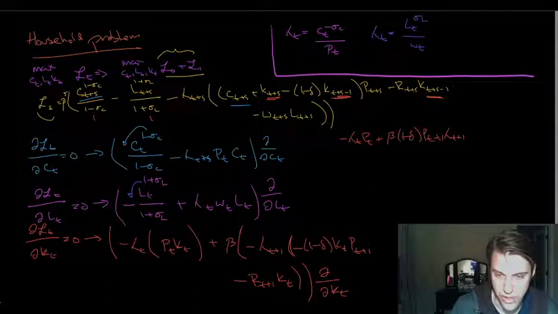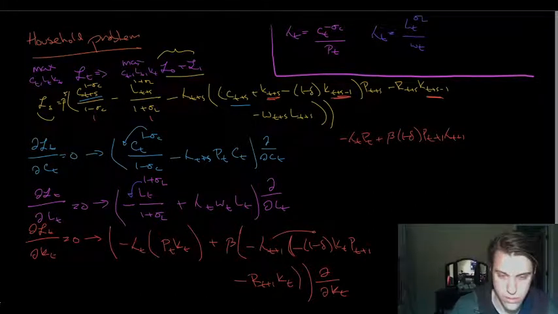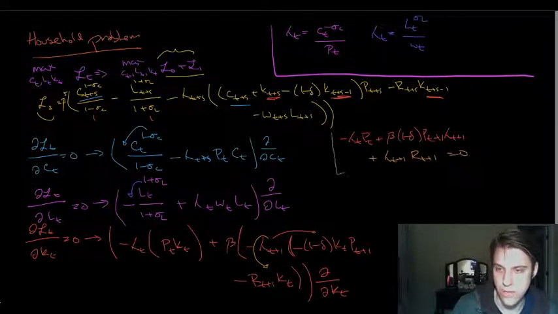So I multiply this into here. Then I also need to multiply this into here, right? Because the parentheses wrap around both terms. So this is also here. So we're also going to have plus lambda t plus 1, rt plus 1 equals 0. Okay, this is our first order condition for kt.